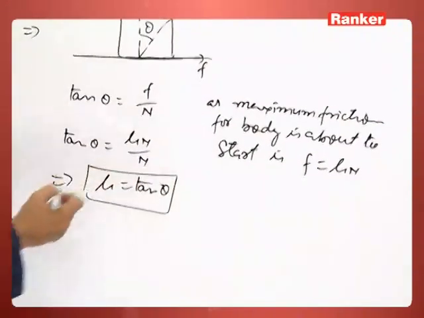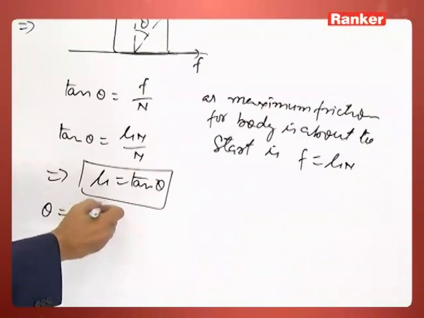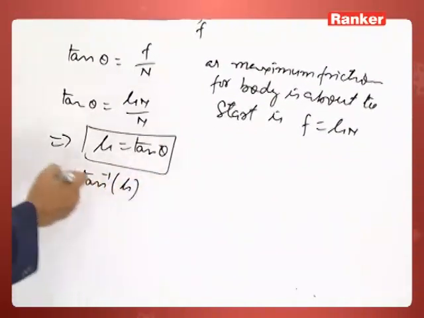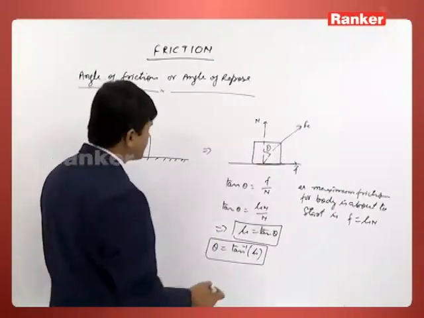Theta is equal to tan inverse mu. This theta is called the angle of friction.